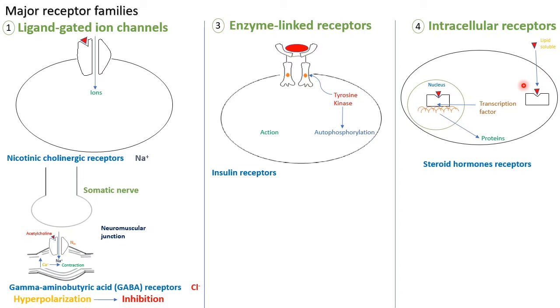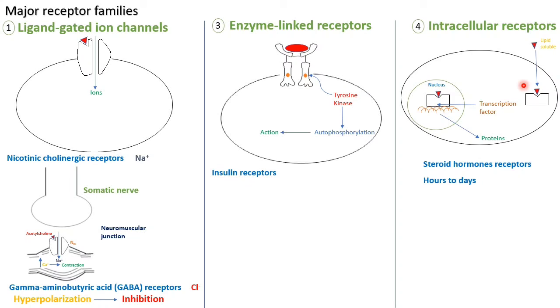An example of these receptors are the steroid hormone receptors. Okay? So this type of receptors and their action takes much more time than the other types of receptors.